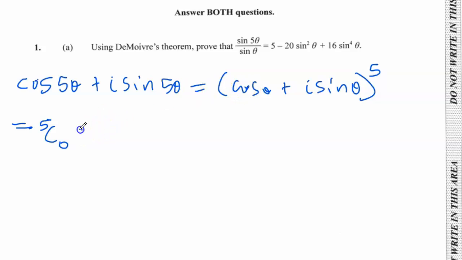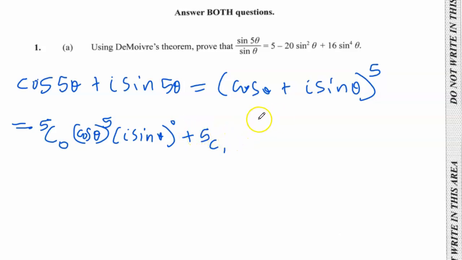So the first term, cos θ, we raise it to the 5th power, and the second term, i sin θ, raised to the power 0. Next coefficient is 5 choose 1. As we go along, the power of cos would decrease and the power of sine would increase.